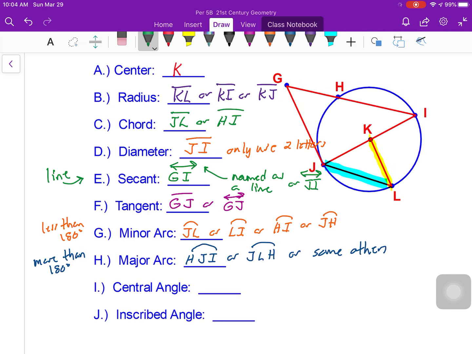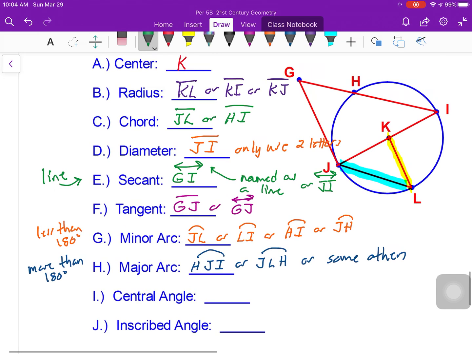A central angle. A central angle has to have its vertex at the center of the circle. So I could use angle JKL or angle LKI. Those would work fine. An inscribed angle. Now, an inscribed angle has to have its vertex on the circle itself.